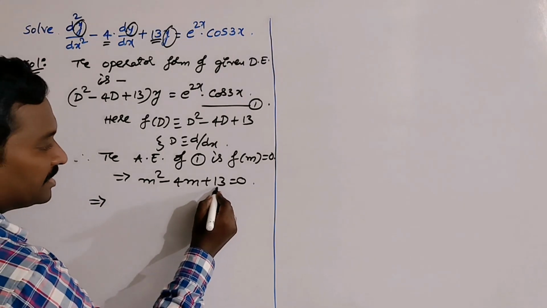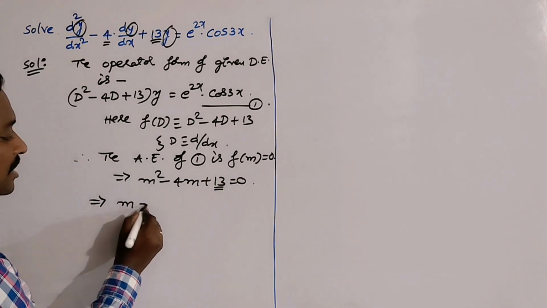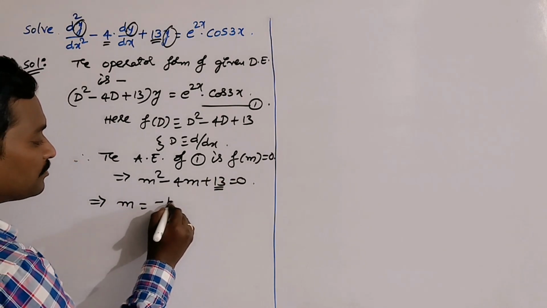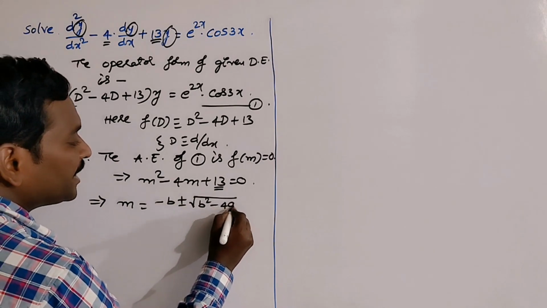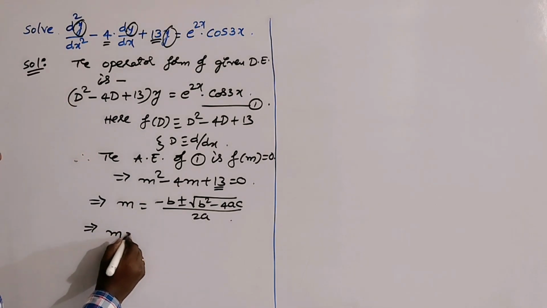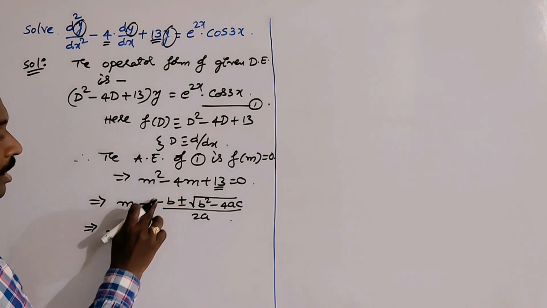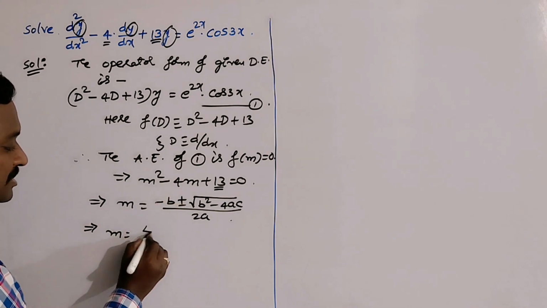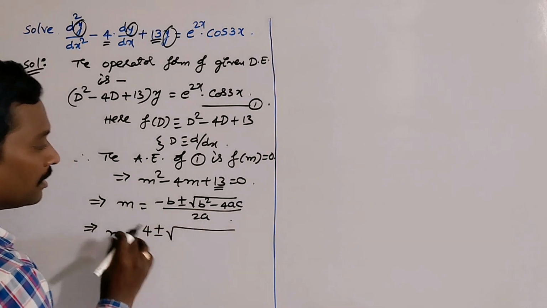Here we observe that this quadratic equation does not have direct factors, so we can use the quadratic formula, which is minus b plus or minus root over b square minus 4ac by 2a. So m is equal to, what is the b value? The coefficient of m, which is negative 4, so minus of minus 4 is plus 4, plus or minus root over b square.